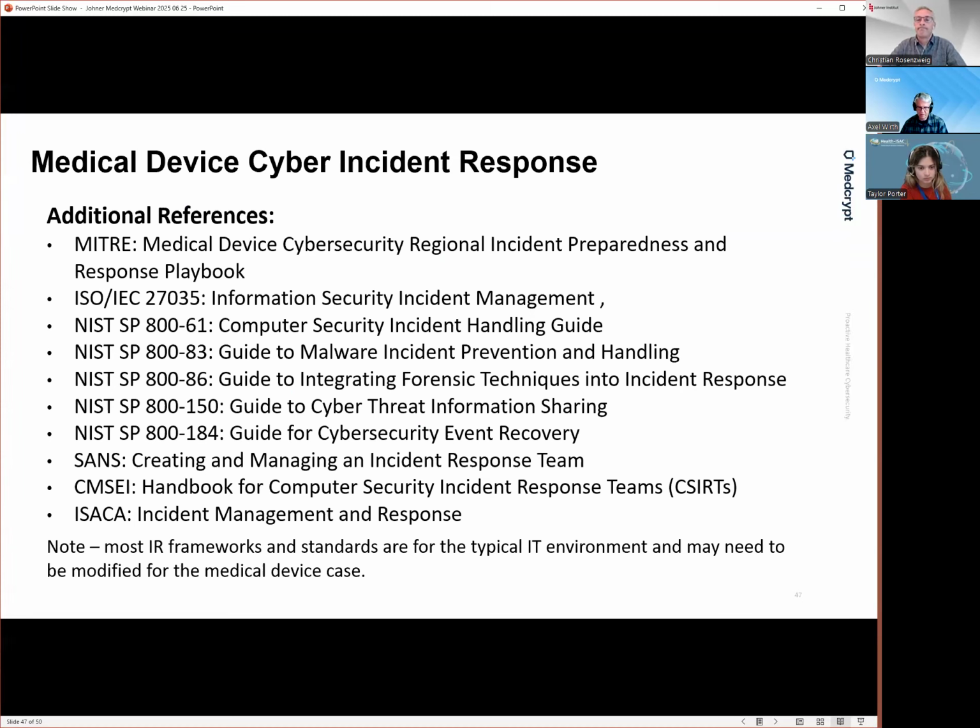Bear in mind, and the footnote here says, that many incident response frameworks were written for your typical enterprise IT environment. If you're talking about product security incident response or manufacturing OT incident response, you may have to make some modifications because they may not apply as is, but I think there's still a good starting point.